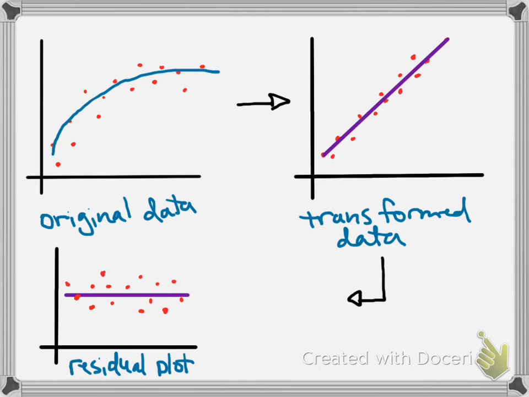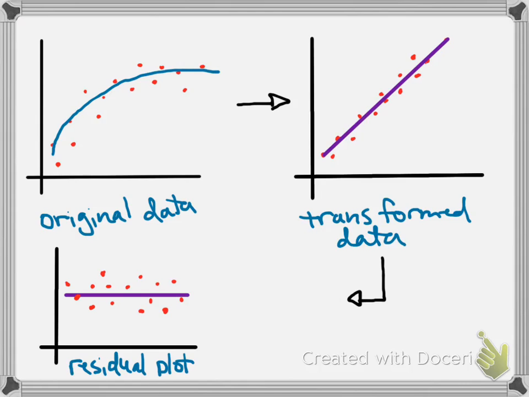And keep in mind, like we talked about in the last chapter, when you create a residual plot, you know that a linear model is an appropriate model for your data set if there isn't any sort of pattern in the residual plot when you plot your points. And as you can see in the residual plot that I've created, the points are scattered pretty equally above and below the line.